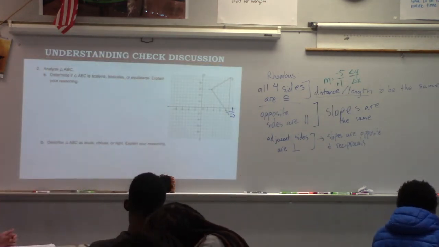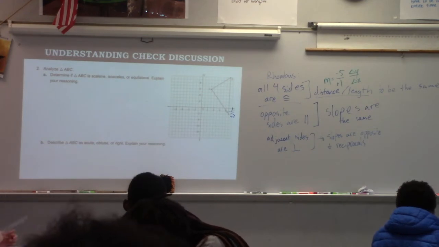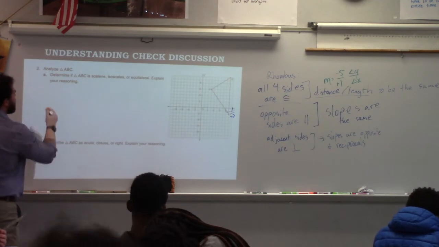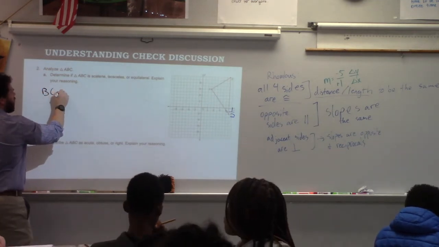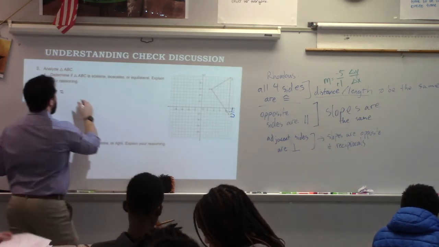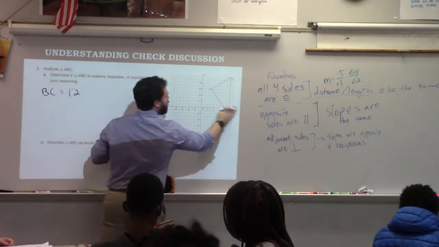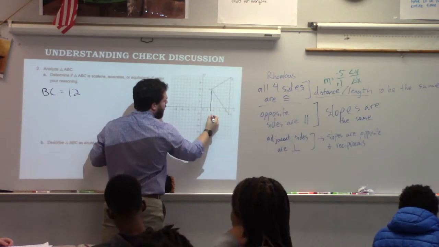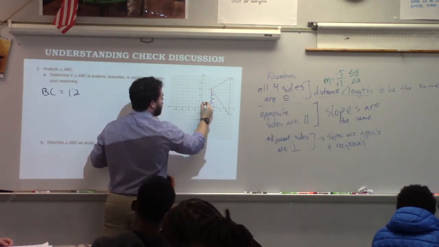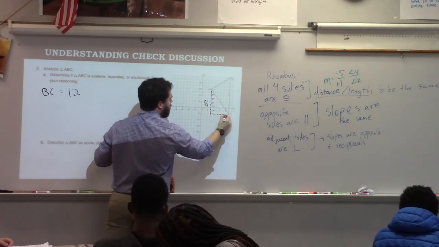All right, last quick detail here. B to C. Remember, when it's a vertical line like this, you can just count it. B to C was 12. If you look from A to C, I think, was that 6 or 8? That's 8. One was 8, and the other was 6.